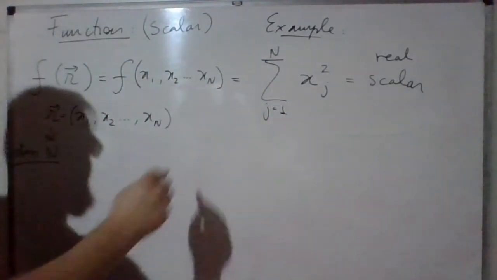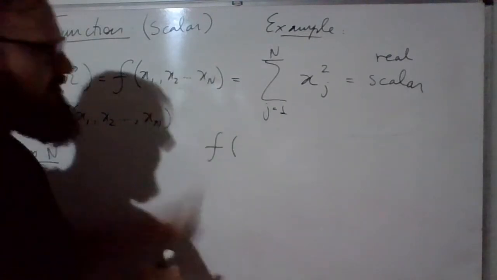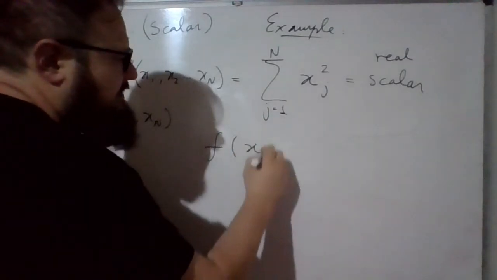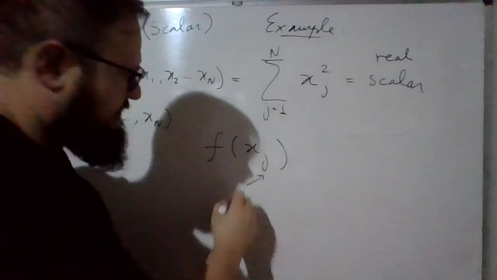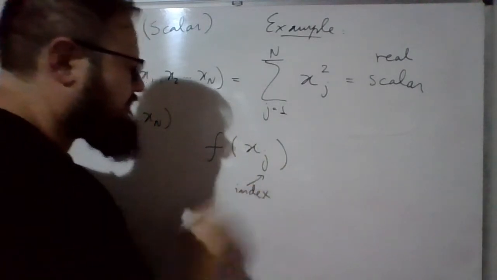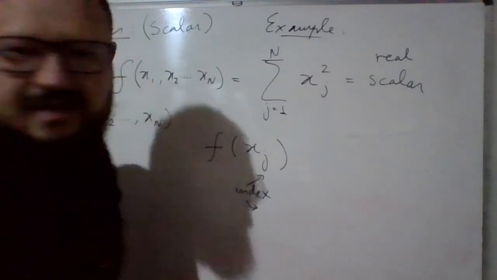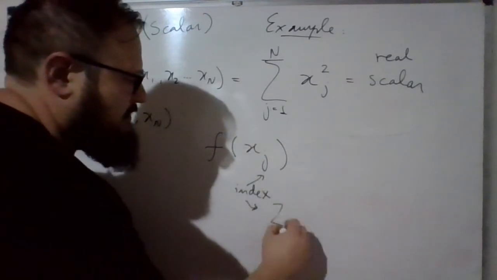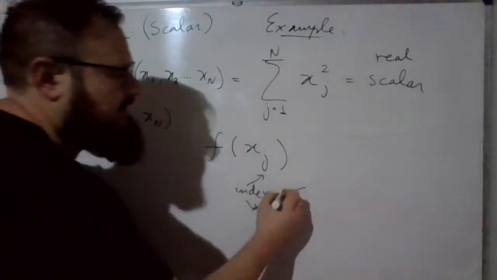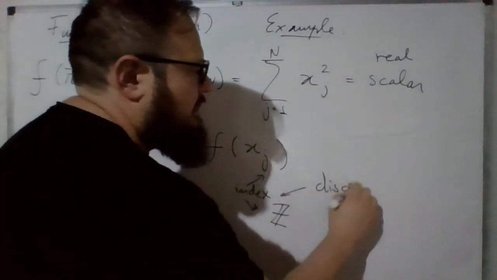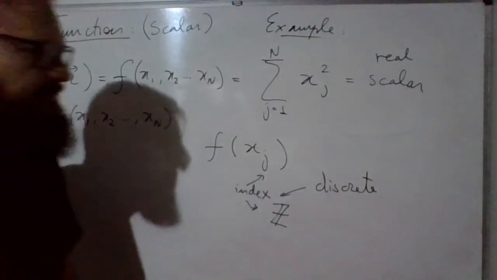So you have a function of a set of parameters, let me say xj, and j is the index that assumes values among the integers, okay? So among the integers. The index is discrete, okay? This is very important.